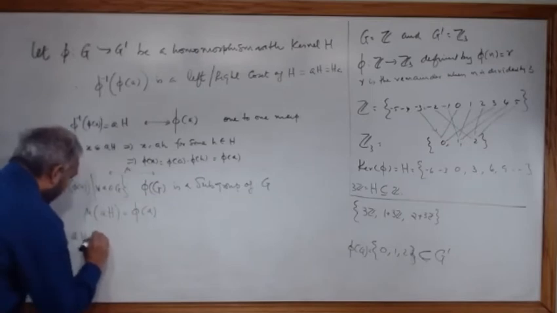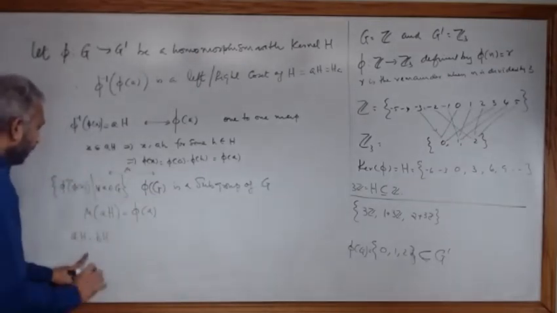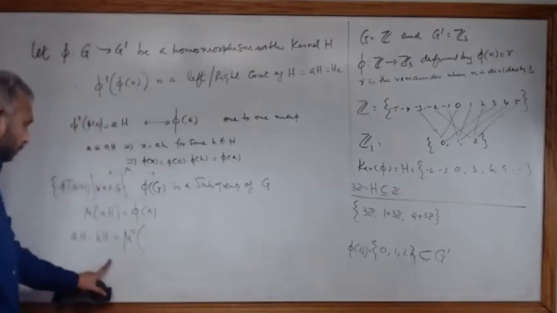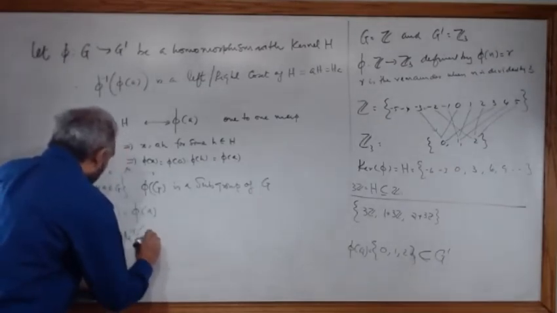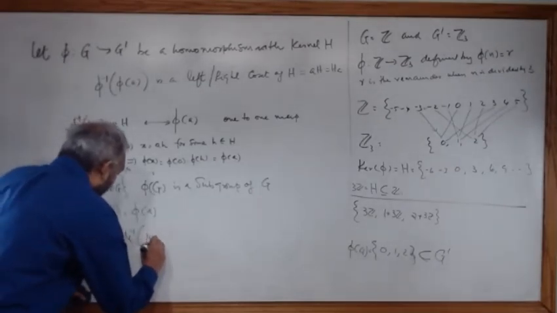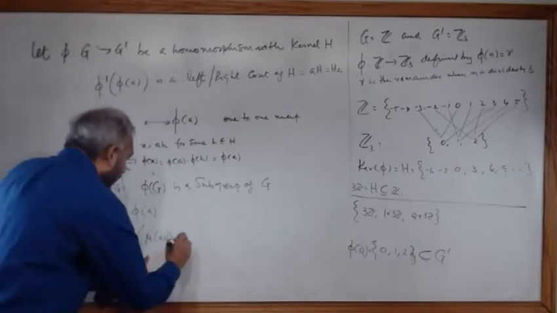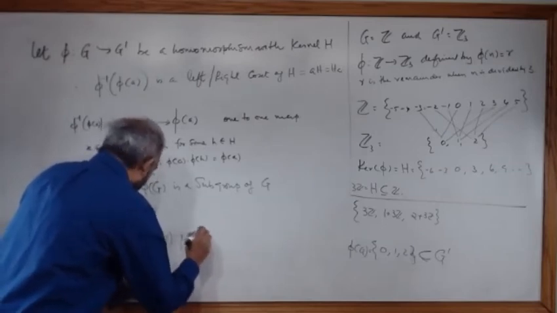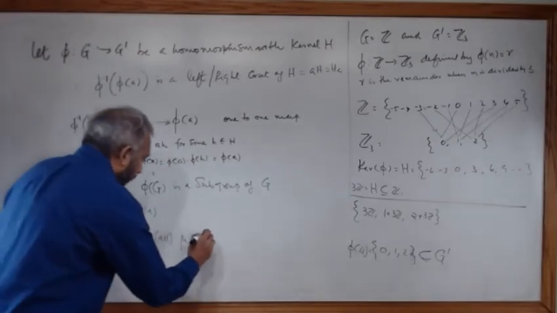We want to define aH times bH as equal to mu inverse of mu of aH times mu of bH, and that's what we found in the earlier session. And what is this?